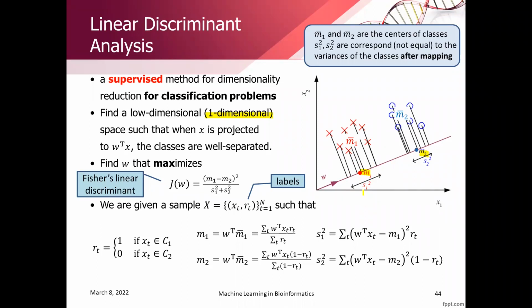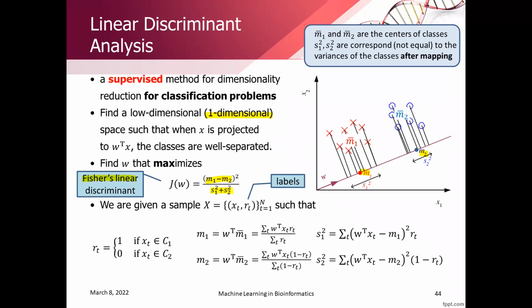So the criterion when looking for the linear transformation is called Fisher's linear discriminant, and it's denoted here as a square of the difference of the means divided by the sum of variances of the classes after the transformation.